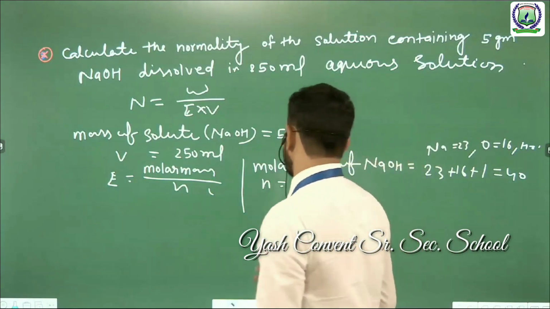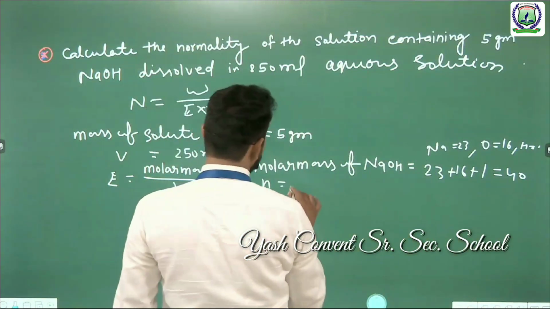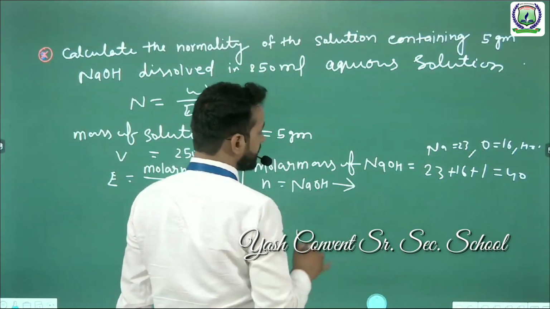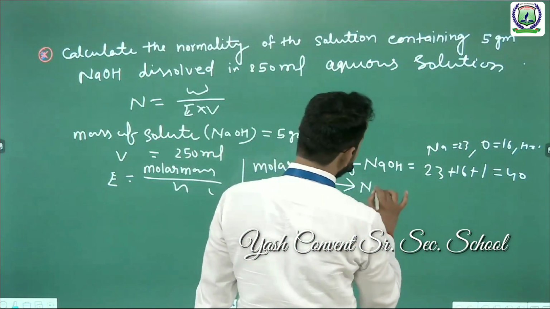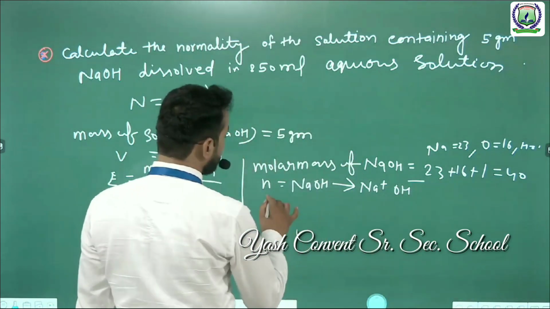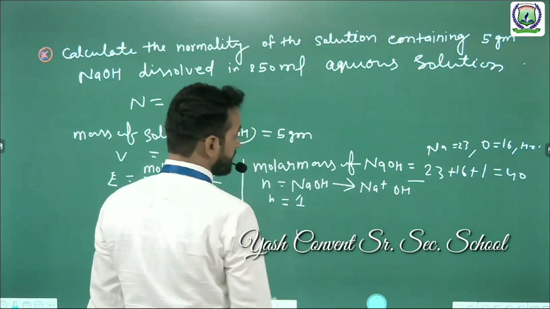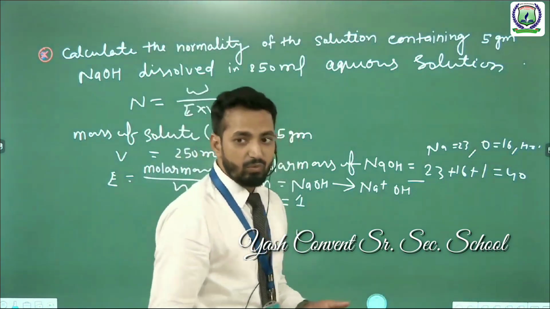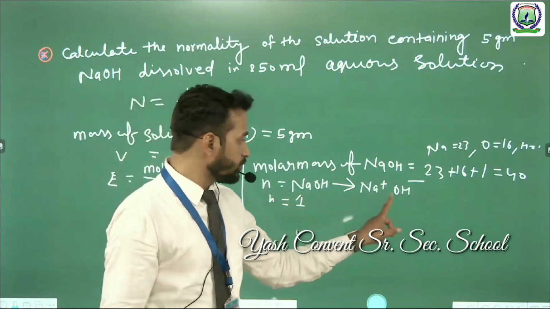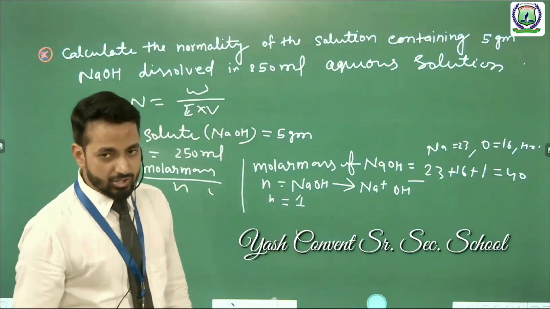NaOH dissociates into Na plus and OH minus. So the value of n is equal to 1, because the number of OH minus ions released by NaOH is 1.